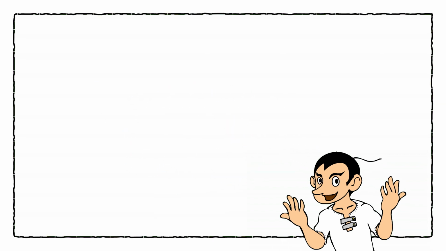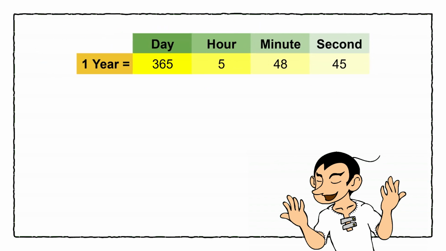A year of Earth revolving around the Sun is equal to 365 days, 5 hours, 48 minutes, and 45 seconds. Or we can say 1 year is equal to 365 days, 5 hours, and 48.75 minutes.